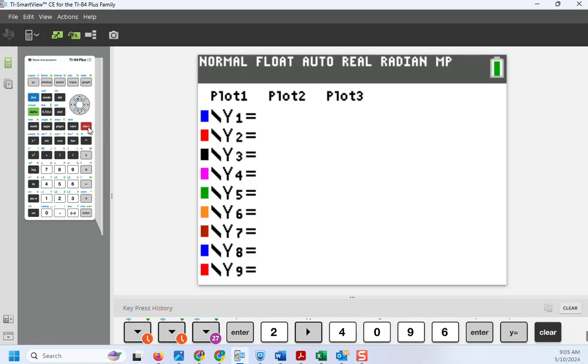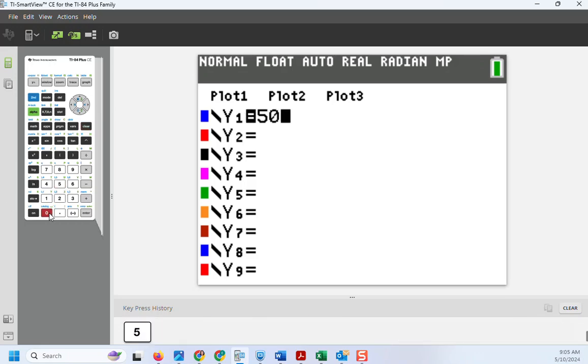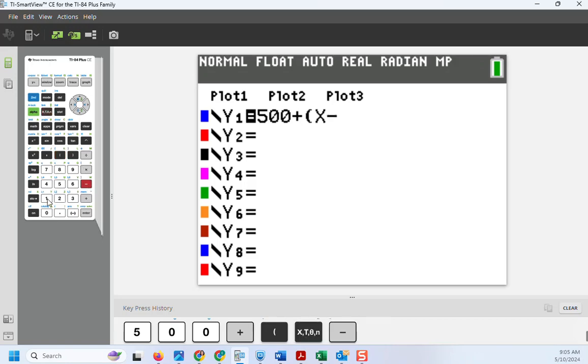And we're going to put Charlie's equation in, so 500 plus, instead of 20, we need to put in x, because we don't know how many days it is, minus 1, and then times 100.